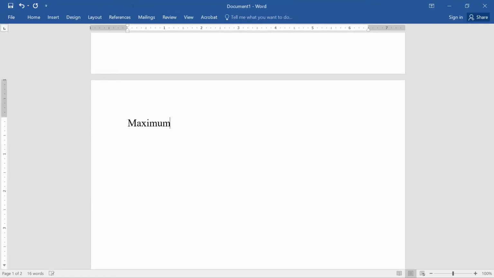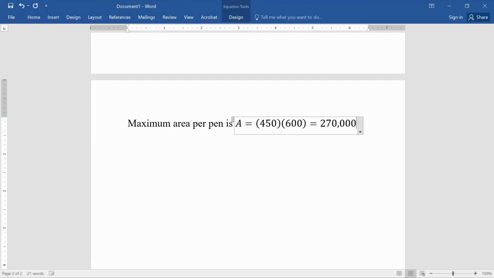That means the maximum area per pen is 450 multiplied times 600, width times length, which is 270,000.